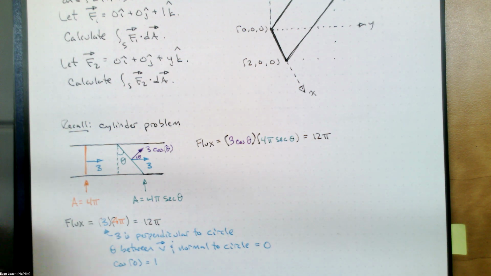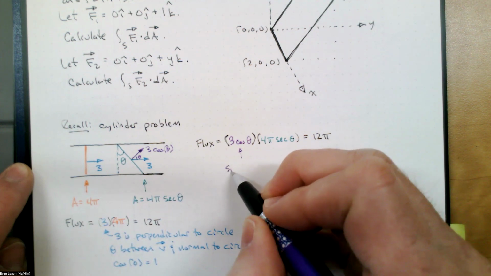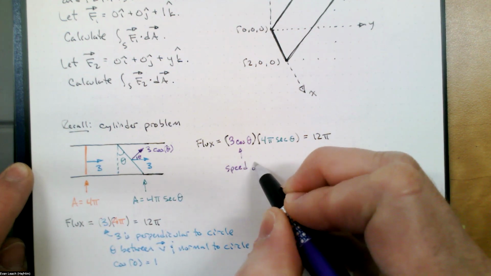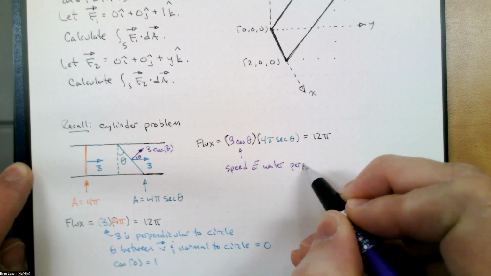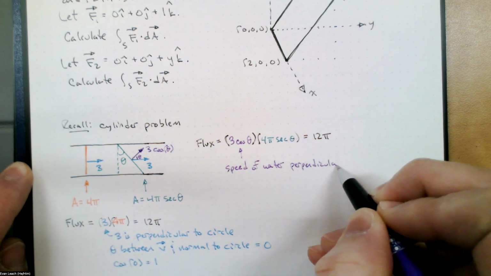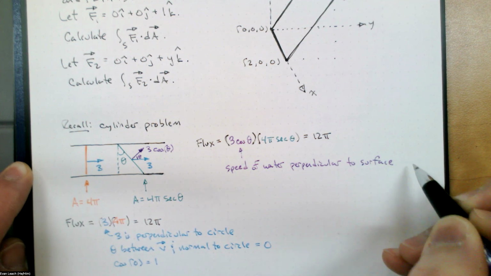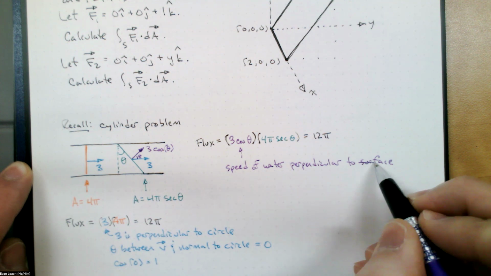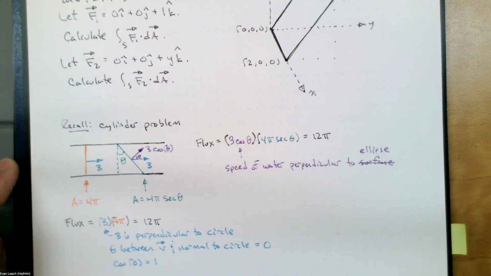This is the speed of the water flowing perpendicular to the ellipse, excuse me, not surface. That's the speed of the water that's perpendicular to the ellipse.